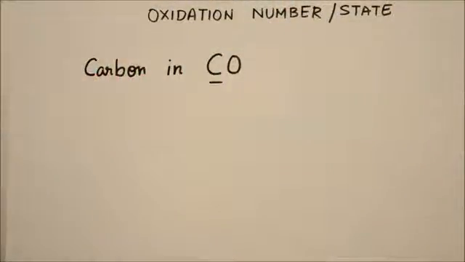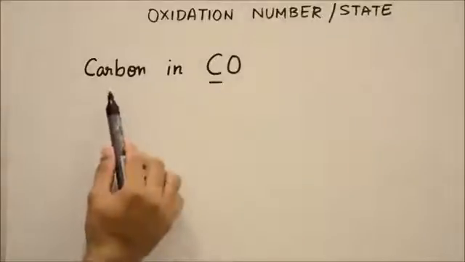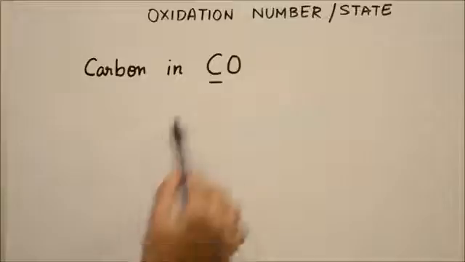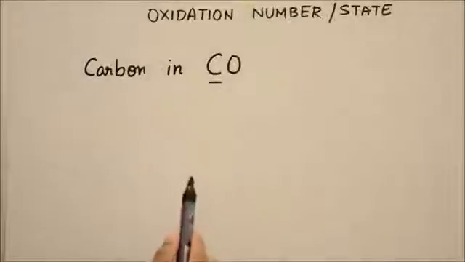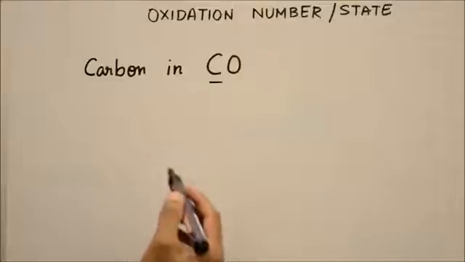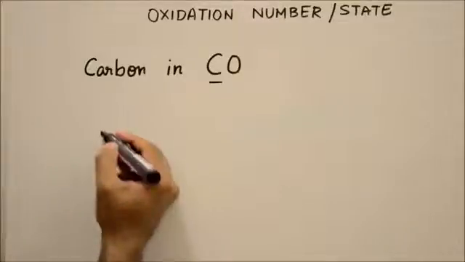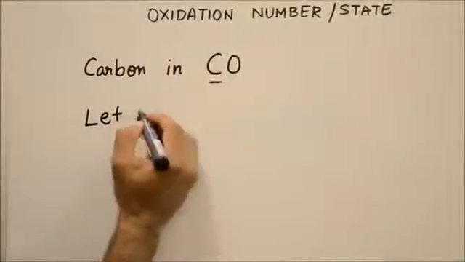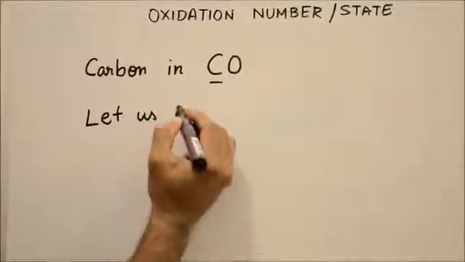Okay, let's come up with the examples. In the first example, we need to find out the oxidation number of carbon. Carbon is underlined, and this is carbon monoxide. So how do we solve this? We start off by taking the unknown, that is the carbon.